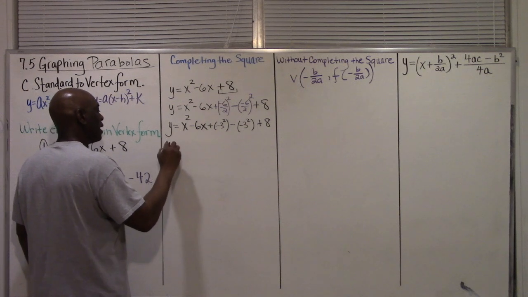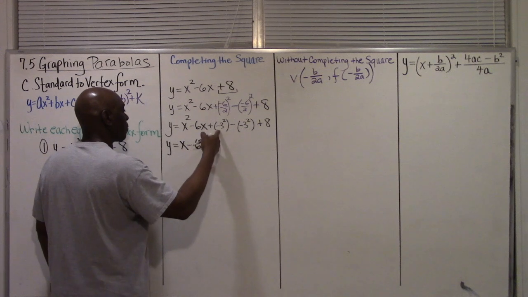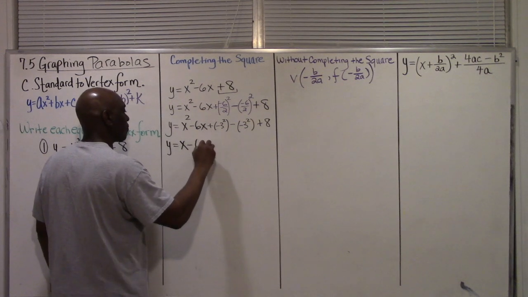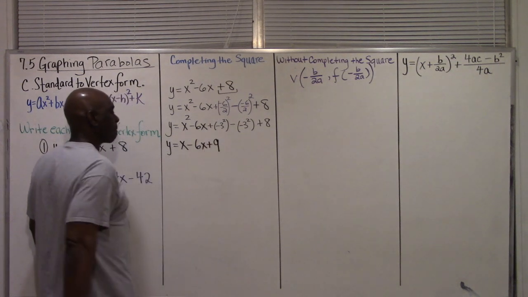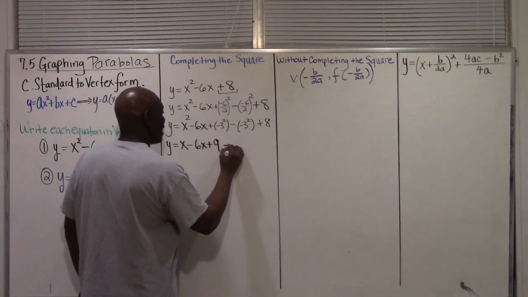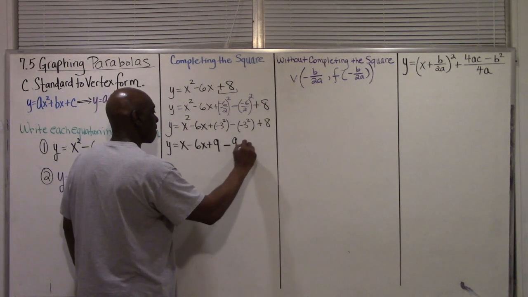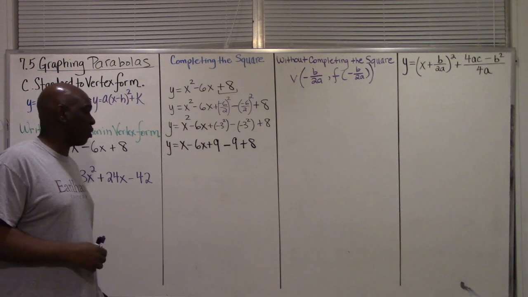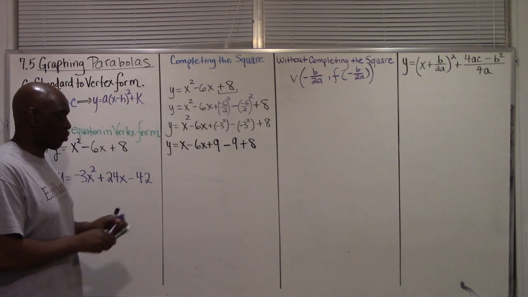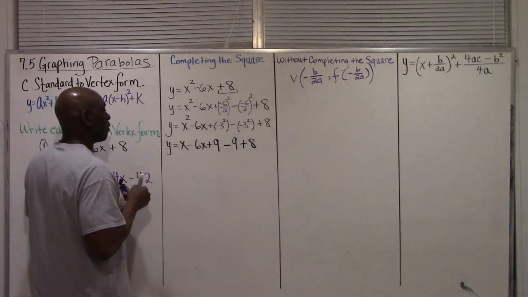So I'm going to have y equals x squared minus 6x plus negative 3 squared is 9, minus negative 3 squared is 9. Now here's where I want to associate our group. Oh, I left off the square. Don't forget the square.